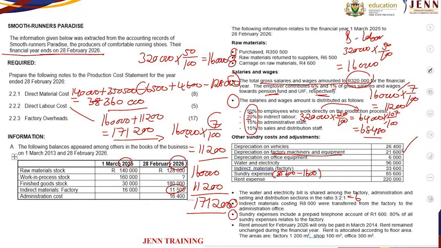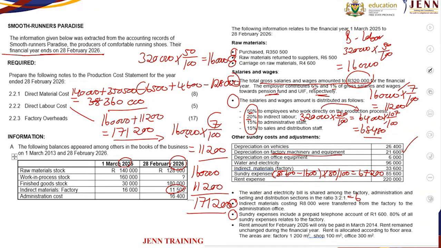And then immediately after doing that, now we can consider the next statement. It says 80% of all the sundry expense relate to the factory. Now we can multiply it by 80 over 100, which will give us the final answer of 67,200. That is how we do our sundry expense.